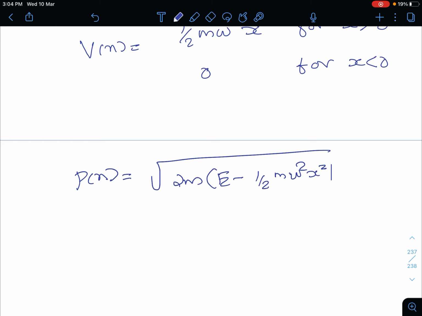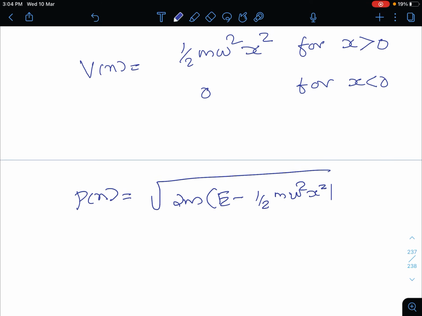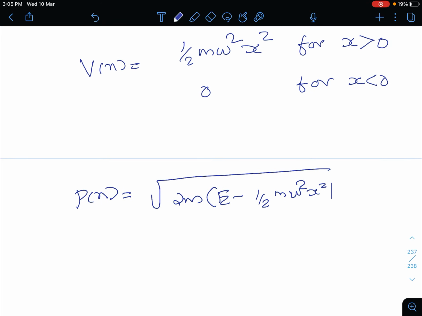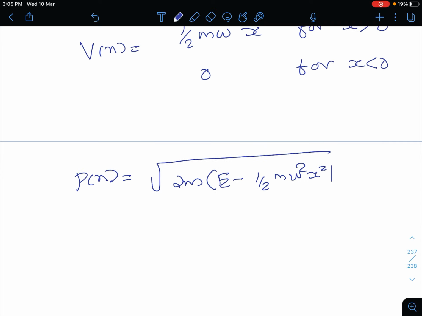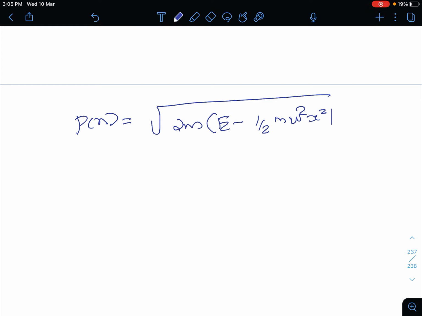That is 2m into E minus V. I'm just taking the 2m inside, so it's 2mE minus m square omega square x square, as the 2 and 2 get cancelled.